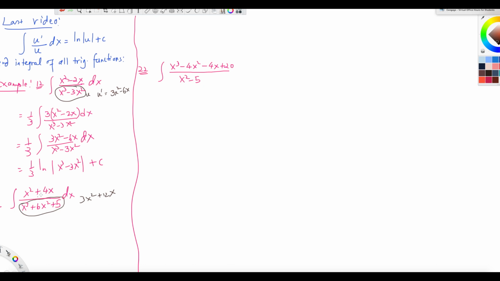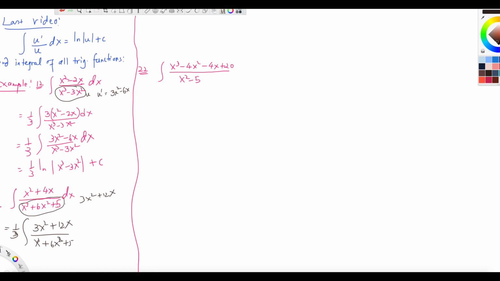No. So what is missing? You need to multiply and divide by 3 again, because it is missing 3. If you multiply by 3, you will get exactly the derivative here. So you will get 1/3, I am dividing by 3, and similar to the previous one, I am multiplying by 3. I will get 3x squared plus 12x, and then divide by x cubed plus 6x squared plus 5.